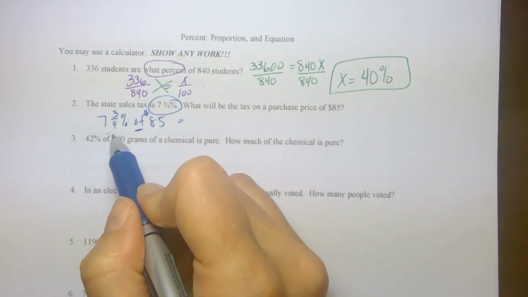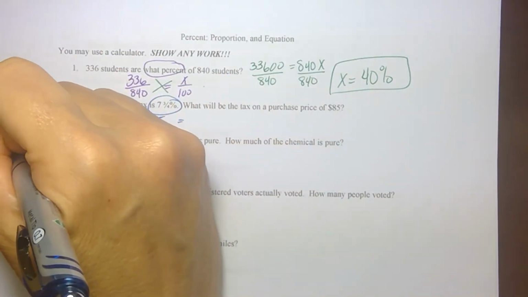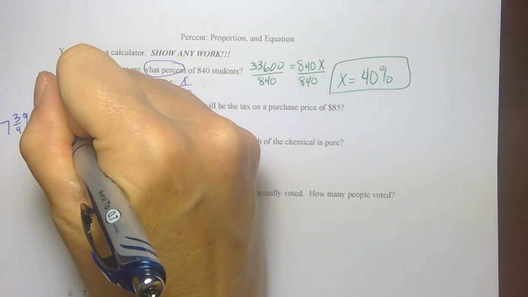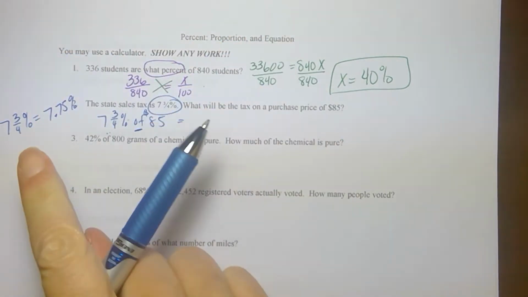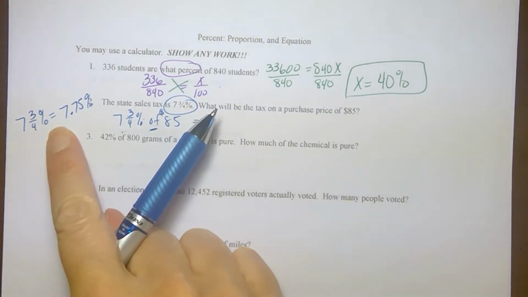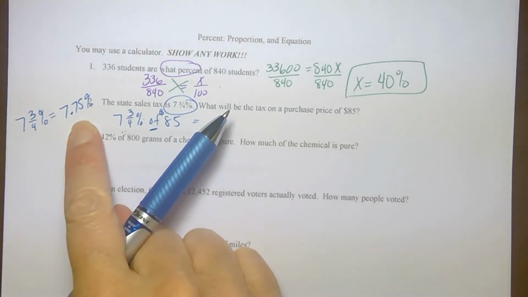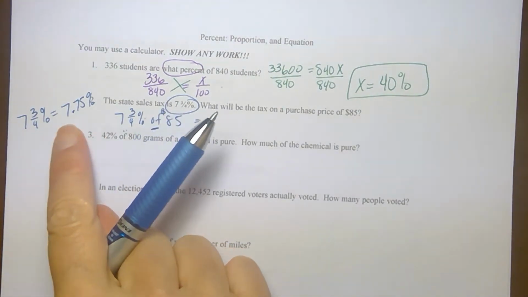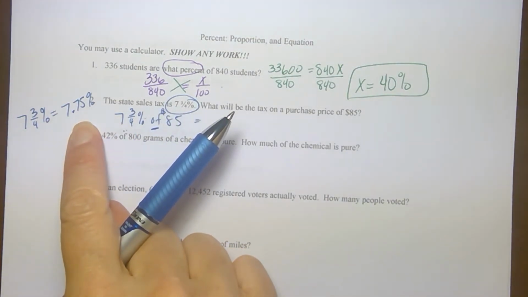What is 3/4 the same thing as? Well, 7 3/4% is the same thing as 7.75%. Just like 1/4 is 0.25, 3/4 is 0.75. If you have 3/4 of a dollar, you have 75 cents. So 7 3/4 is 7.75%.